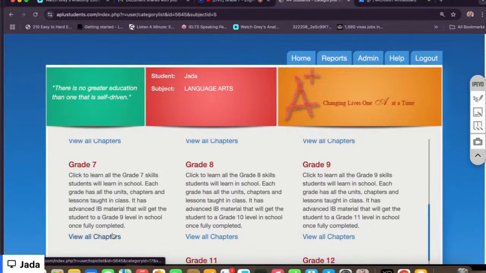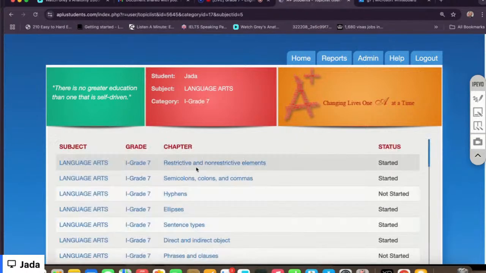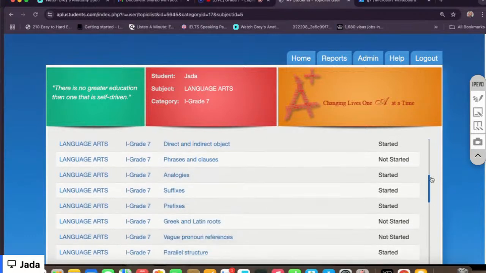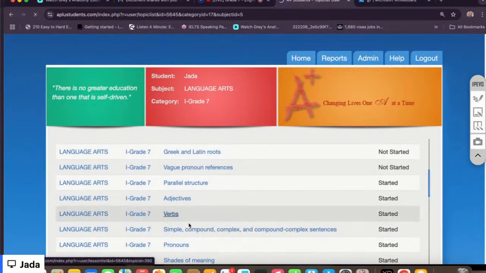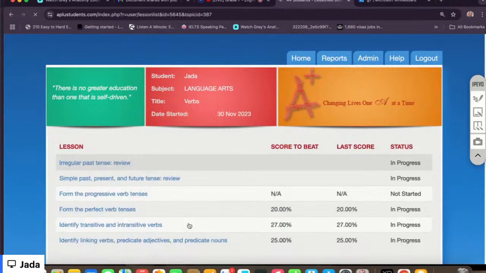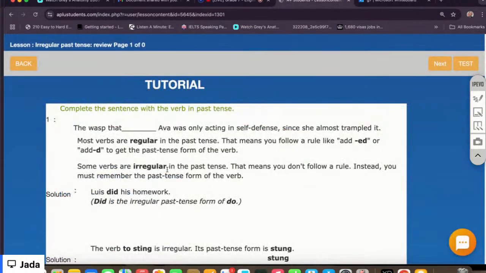So let's move on now. Some questions before we move on to the test. So we will start with the irregular past tense review.